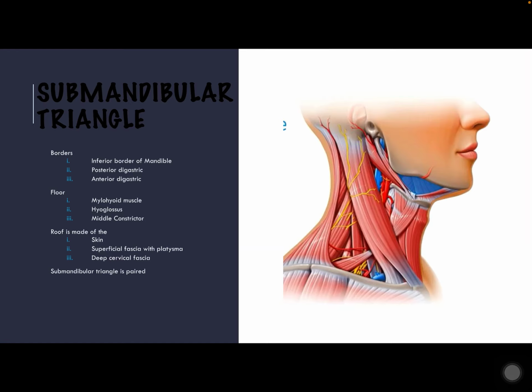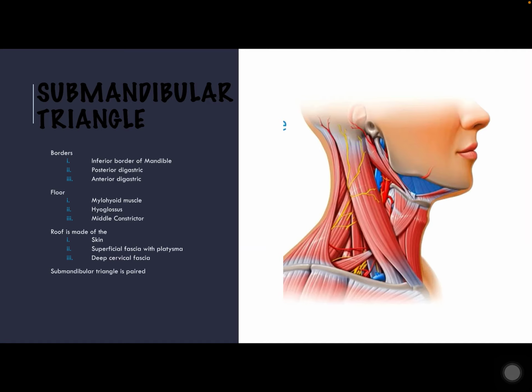The roof, again, is made by the skin, superficial fascia with platysma, and the deep cervical fascia. Like the other main triangles except the submental triangle, this triangle is paired, that is, it is present on both sides of the neck symmetrically.